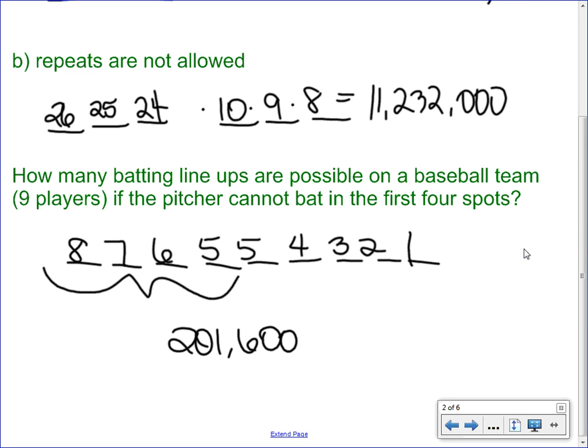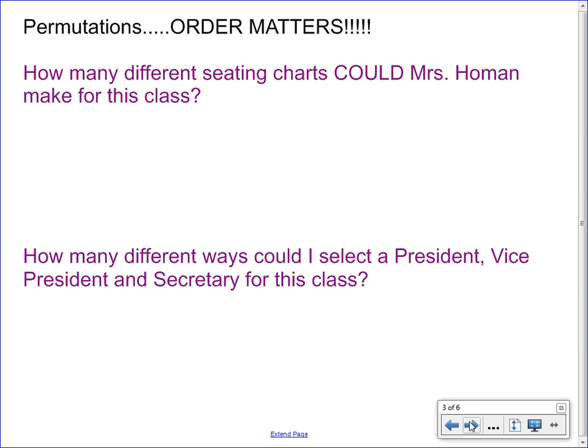Next thing I want to talk about, permutation. What's a permutation? Order is important with permutations. Now, in your calculator, you'll see it like this: nPr. Now, what does that mean? I told you on Friday the mathematical definition of a permutation or combination.